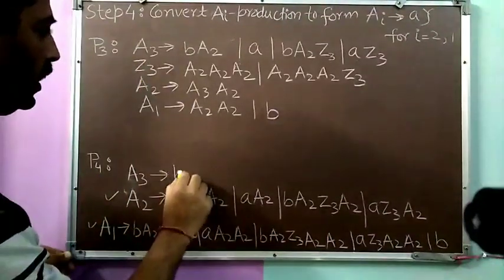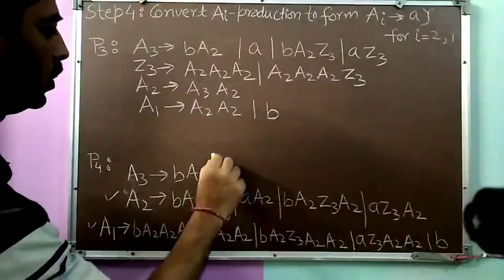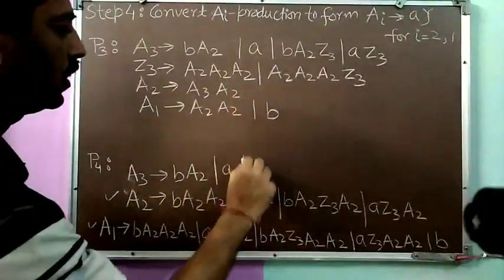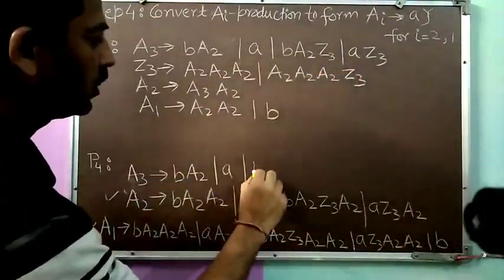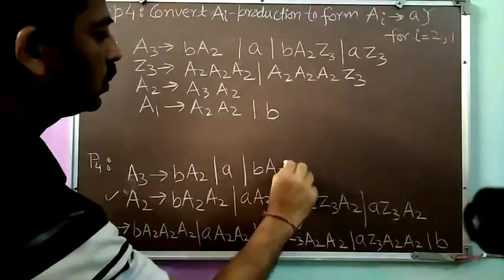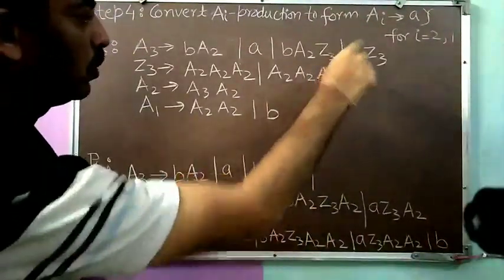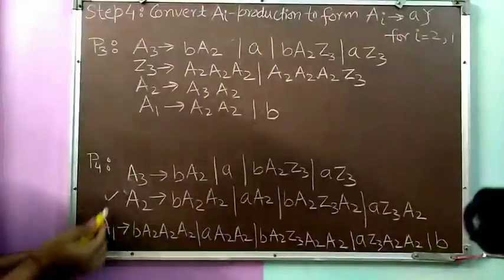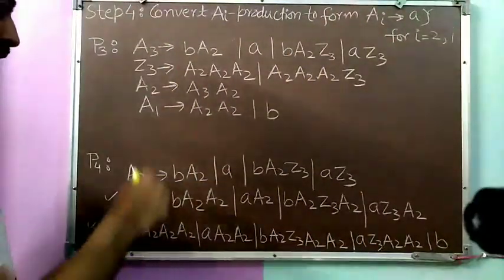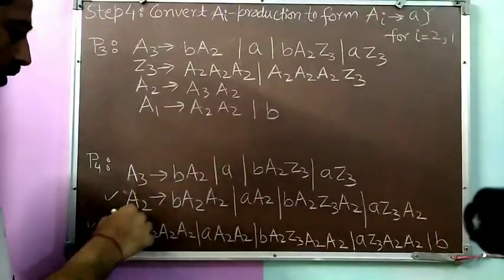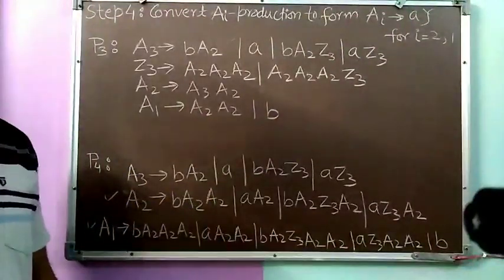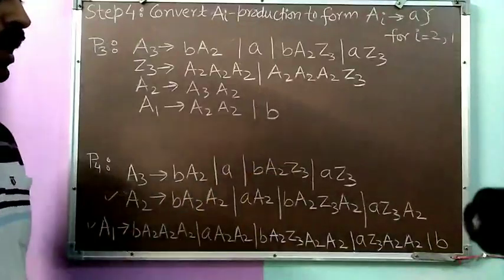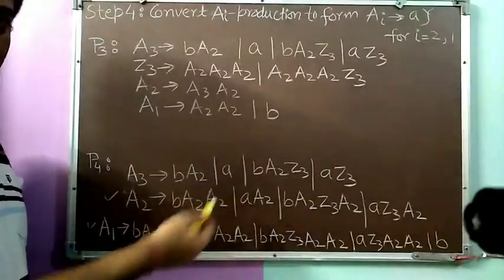A3 is BA2 | A | BA2Z3 | AZ3. So A1, A2, A3 all have been converted, that is, all are starting with a terminal symbol.